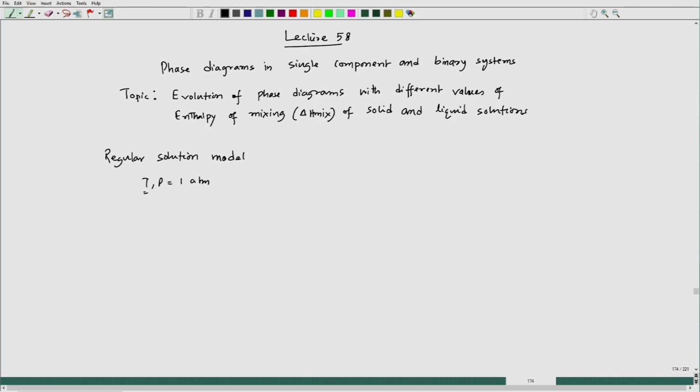When we keep our temperature fixed, we try to see the equilibrium with the help of free energy composition diagram for a binary system. Here we have taken a binary system where A and B are 2 pure metals, and X A and X B are the mole fractions of A and B, and when we add them together we get 1 mole of solution.